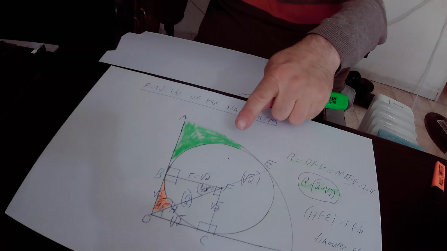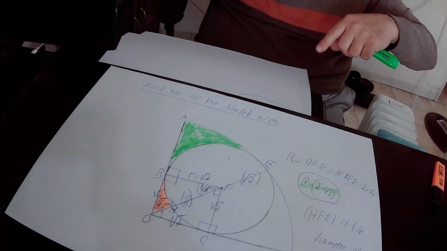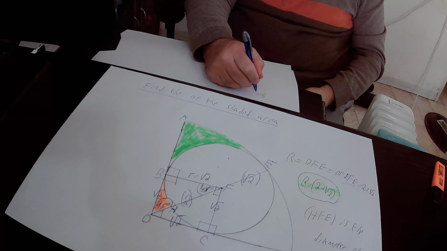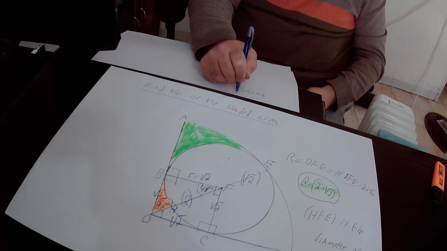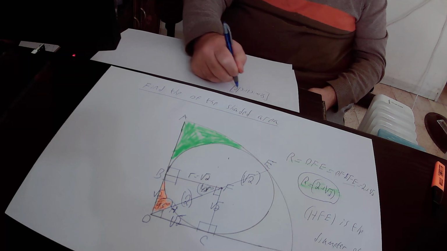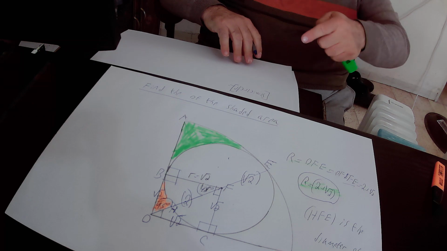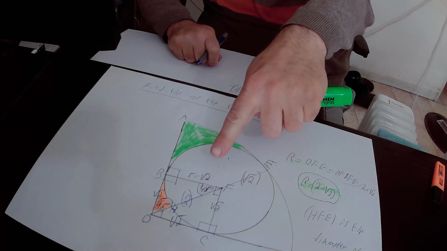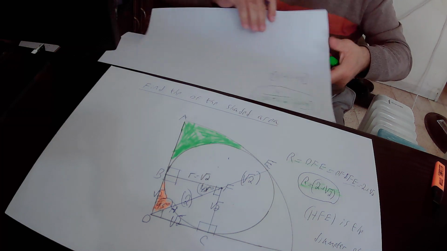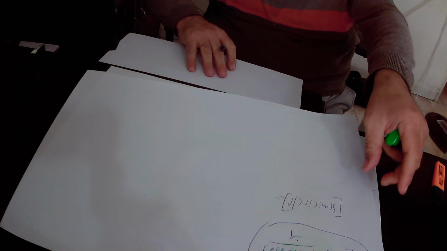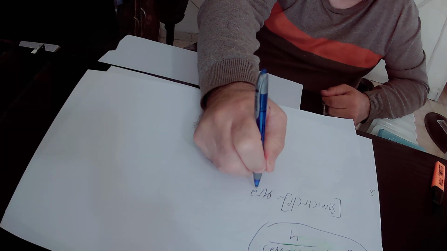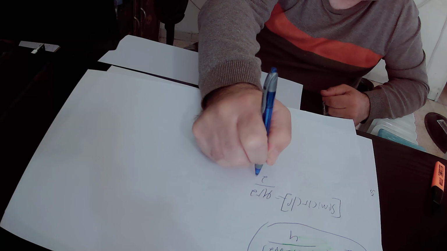What is the area of this small semicircle? We know that the radius of this small semicircle is r, and therefore the area of the small semicircle will be equal to pi r squared, that is the area of the circle, over 2.